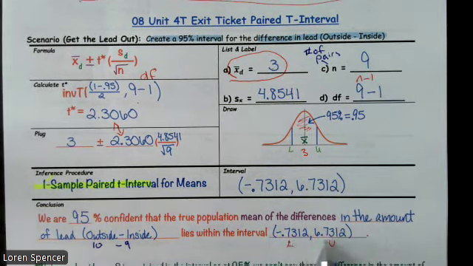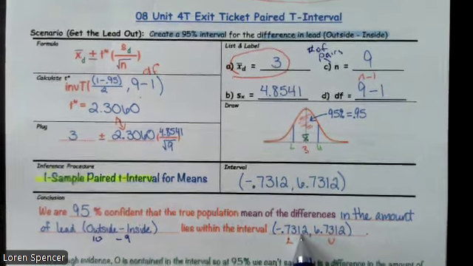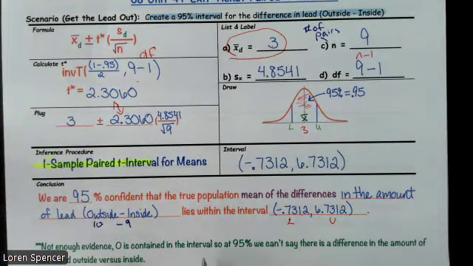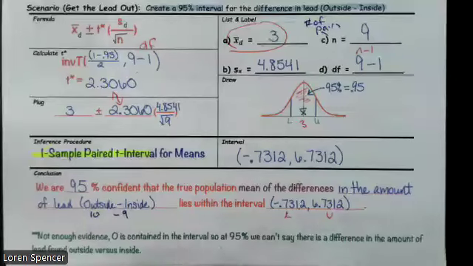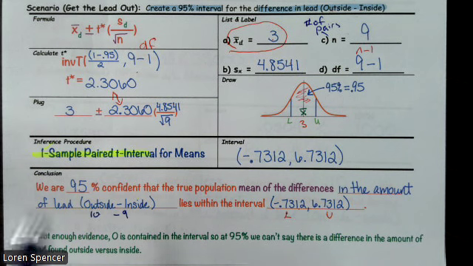But here, we can't say that because we have some negative values. Because 0 is contained, we can't say that there's a difference in the amount of lead found outside versus inside. It might be close, but if 0 is contained, we can't say that we're 95% confident. We might be 85% confident, but we're not 95% confident.